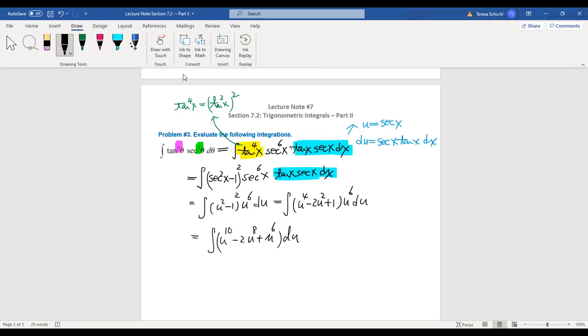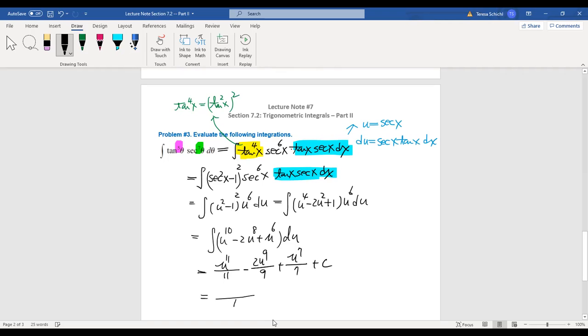All right, and now when you take the integration, those will be very simple power rules. So it will be u to the 11 over 11, minus 2 over 9 u to the 9, plus 1 over 7 u to the 7, plus C, right? Okay, so now substitute back my u. What is my u? It is the secant.